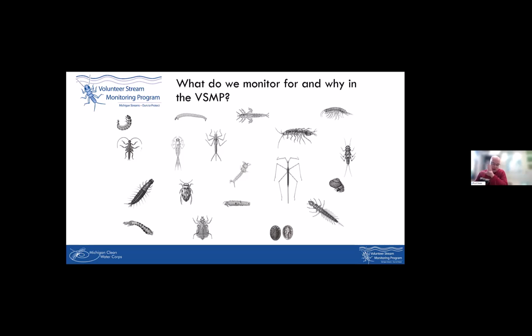Macroinvertebrates live in your creek all the time. That's their life. So if you have a creek with a rich diversity and abundance of macroinvertebrates, you have year-round conditions that allow for survival. The more of these you find, the healthier your streams are.